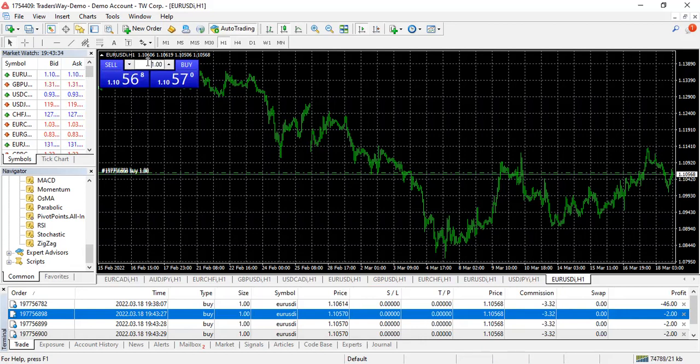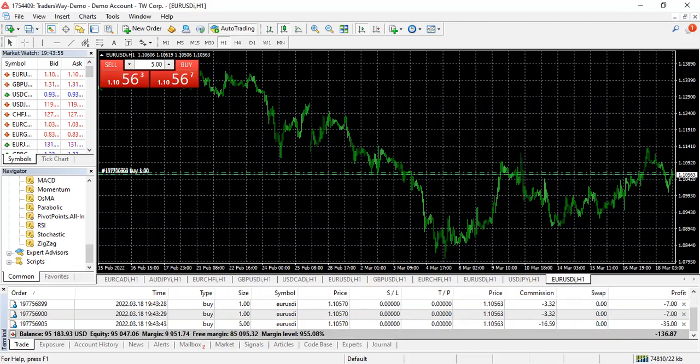So let me increase my lot size here. I want to open a trade where I will exhaust my free margin, so you can see. Let me use 5 lot size. As you can see here, I only have 85,000 free margin left.